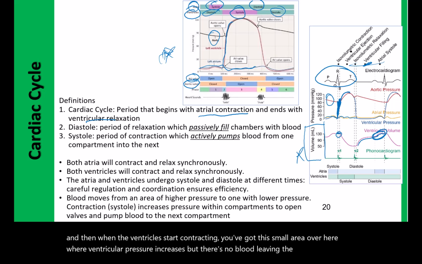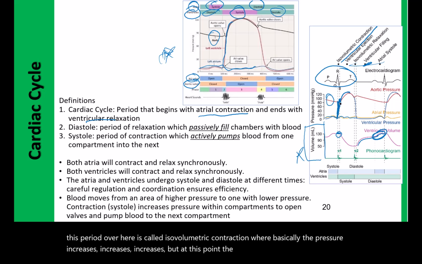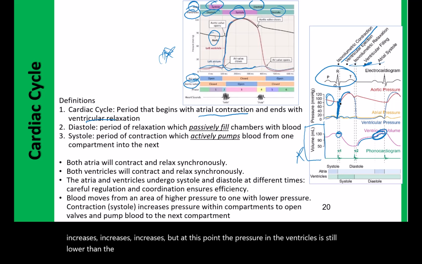And this period over here is called isovolumetric contraction, where the pressure increases, but at this point the pressure in the ventricles is still lower than the pressure in the aorta, so the SL valves are closed.